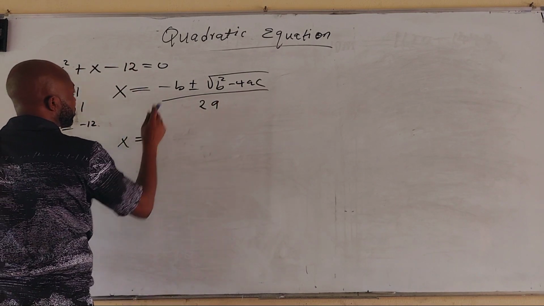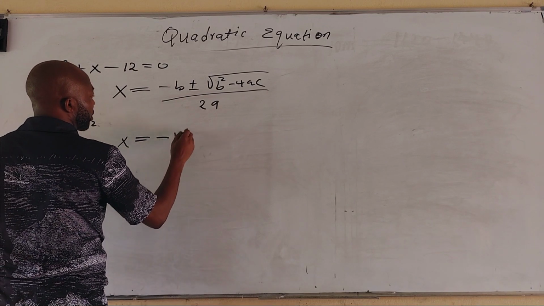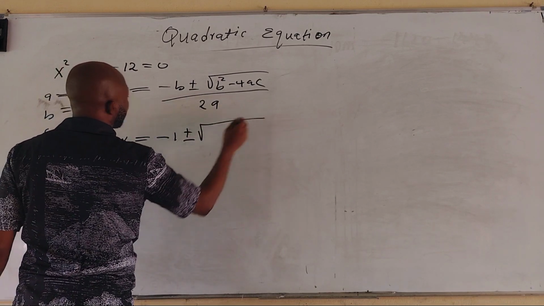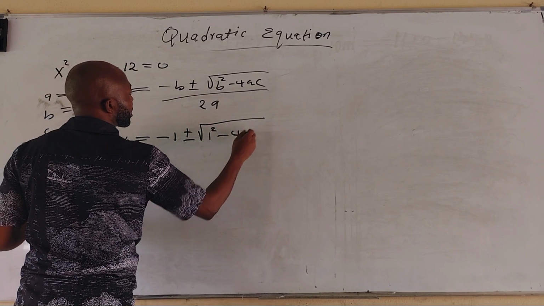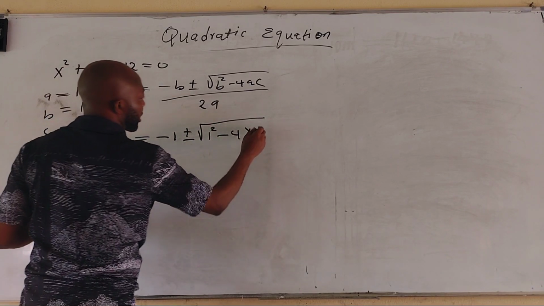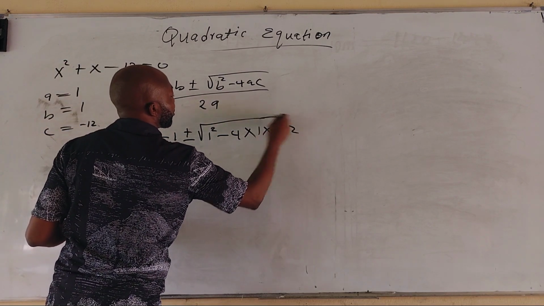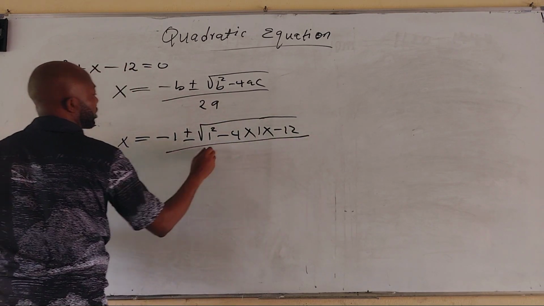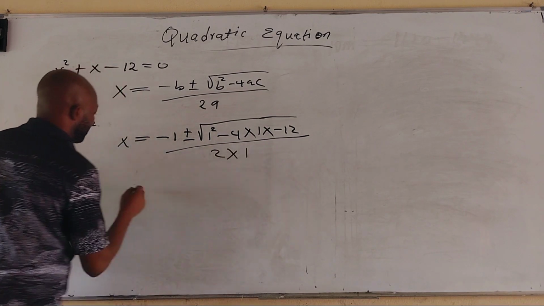Our X is equal to minus 1 plus or minus the root of 1 squared minus 4 times 1 times minus 12, all over 2 times 1.